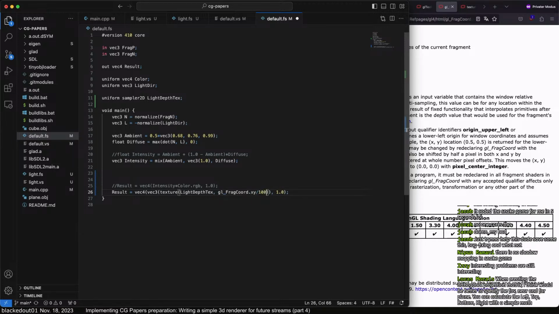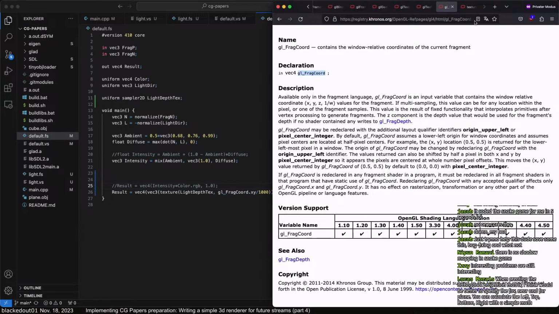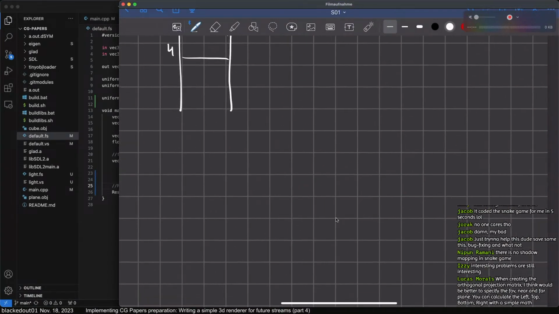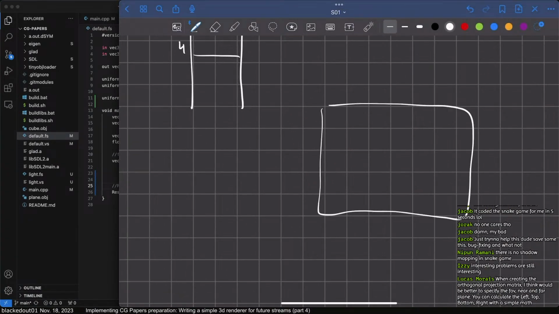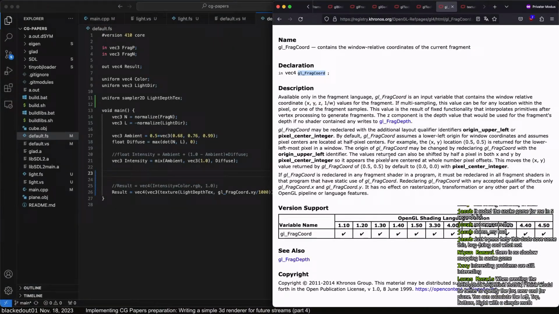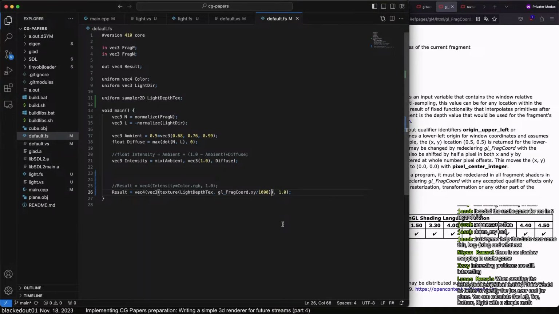And just divide it by 1000 because it's in window-based coordinates, and textures have this coordinate system where here is 0, 0 and here is 1, 1. I just want to see if I rendered anything, and this will always return a vector, so I just want to get the first value.